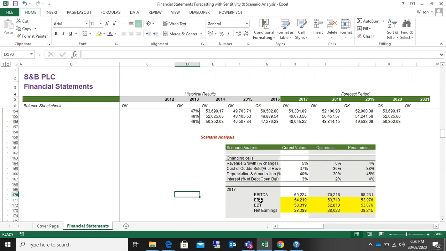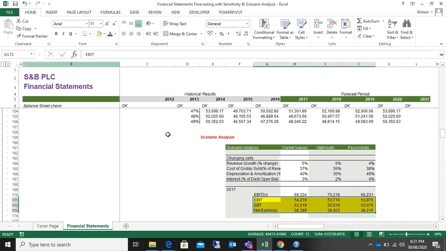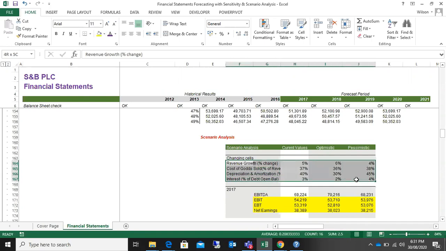Now, if you take a look at this EBIT, EBT, please reason this along with me. If you have further questions, you can ask. If you take a look at earnings before interest and tax, earnings before tax and net earnings, right? Take a look at these three things and take a look at EBITDA. Can you tell me the difference between all this and this related to the scenario we have defined here?